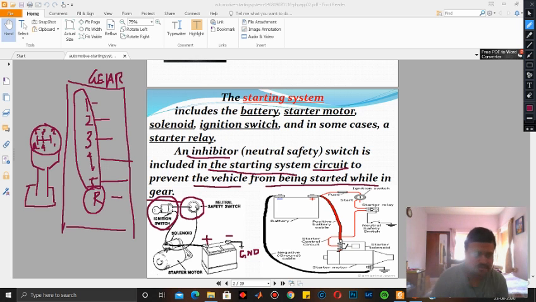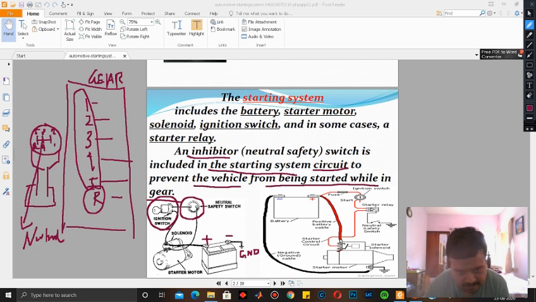This is how 1, 2, 3, 4, 5 and R are located, and the middle point is the neutral position. So the starter motor will only be on when it is in the neutral position, and that is ensured by the neutral safety switch. And here you put your key, it is known as the ignition switch.